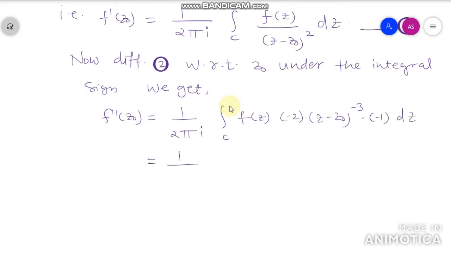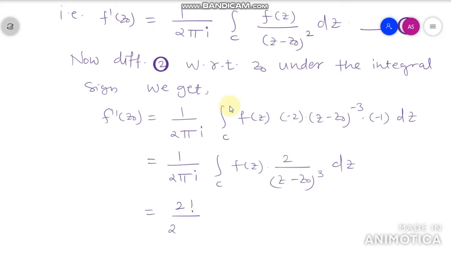So that will be equal to 1 upon 2 pi i integral over C f of z into 2 upon z minus z0 bracket cube dz, where 2 is nothing but 2 factorial.